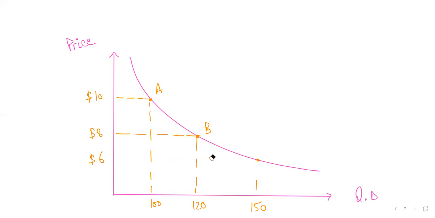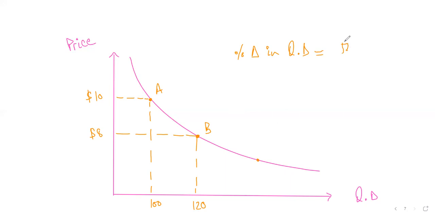Now let's calculate. In fact, this will also give us the chance to do some calculation. Students, think about this. If you're moving from A to B, can we calculate the price elasticity of demand? Exactly. So what is the percentage change in demand? If you're moving from A to B, the new demand is 120.